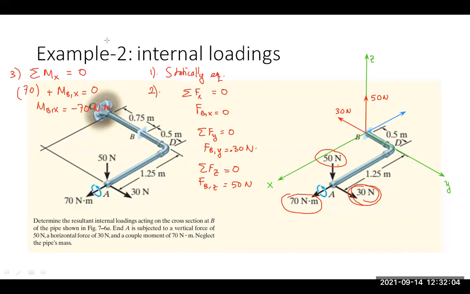So this is the moment to balance the external moment of 70 Newton meter. It will rotate in this direction, and here is M P x equals minus 70 Newton meter.